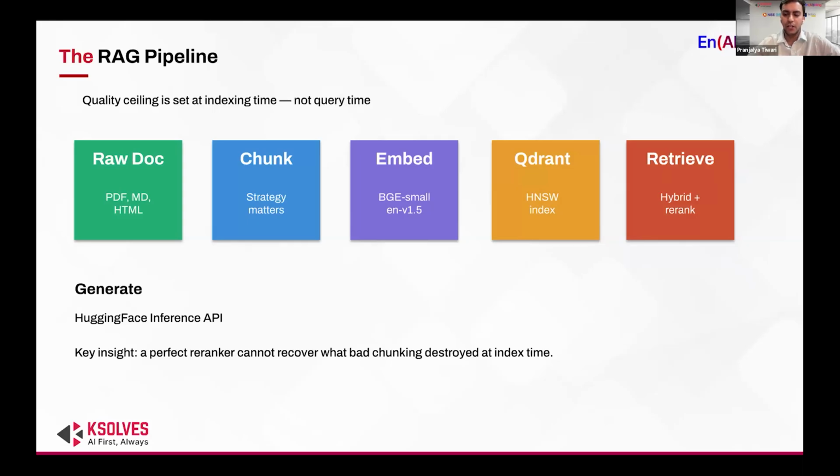So in this particular webinar, I will be using completely open source and free things. For chunking, I will use regular Python modules. For embedding, I will use open source embedding models provided by Hugging Face. For Qdrant, I'm using a local in-memory Qdrant client.